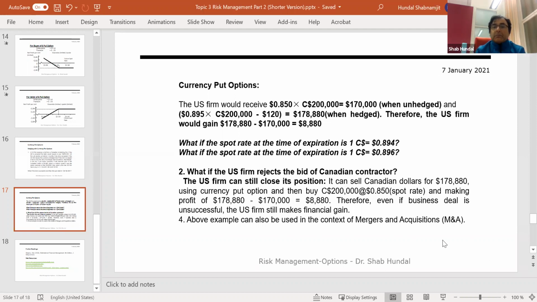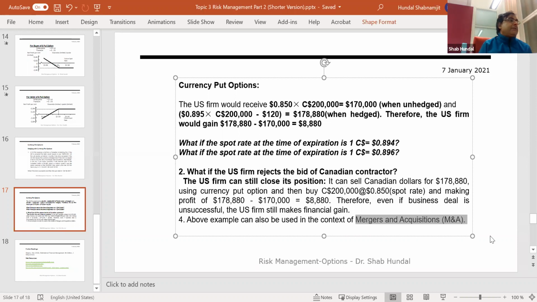Just to let you know that these options are very important in cross-border mergers and acquisitions. When the companies are being bought or sold across the borders, which means when multiple currencies are involved, the call and put options are very frequently used.